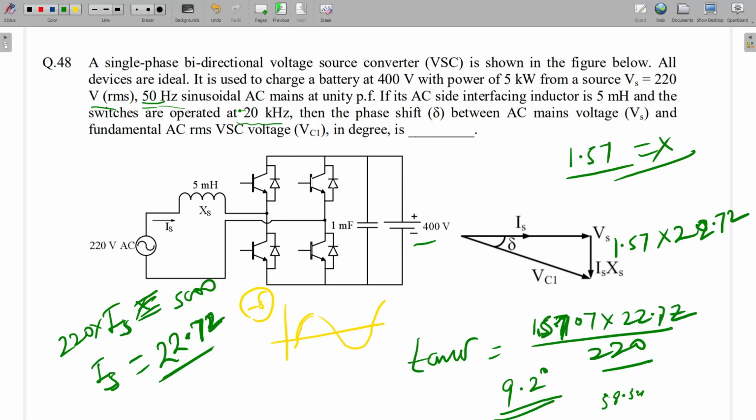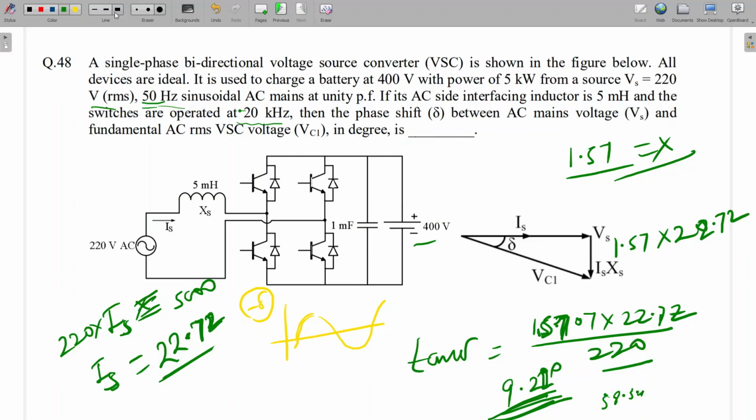So that will be sin inverse of 1.5707 into 22.72 divided by 220. 9.21 we are getting. Is it correct? Yes, sir.